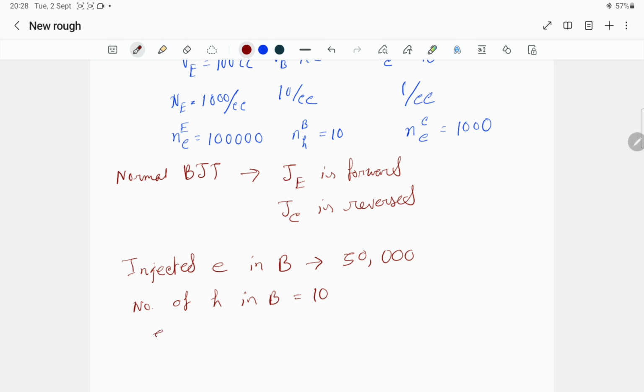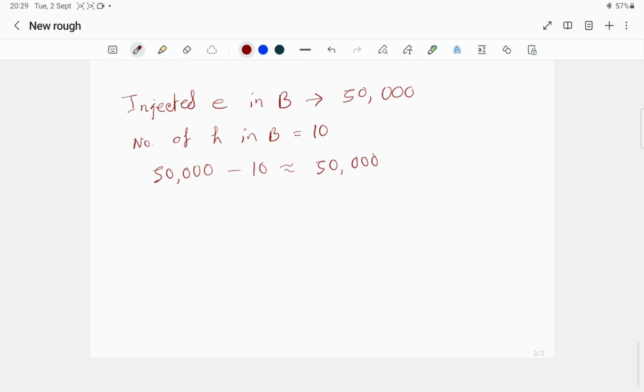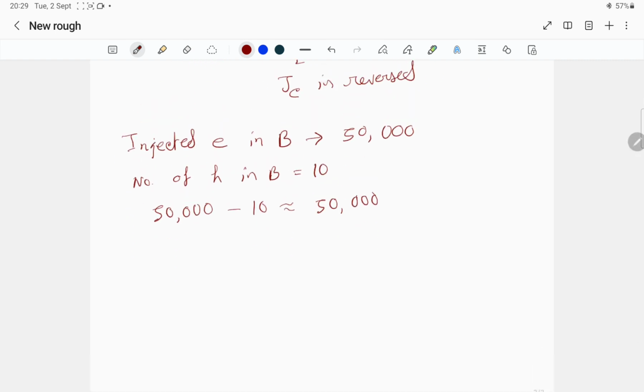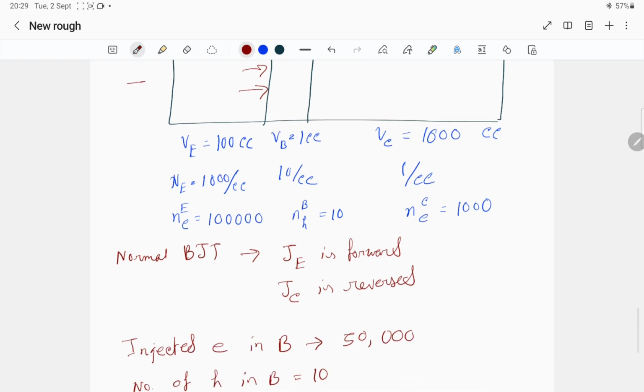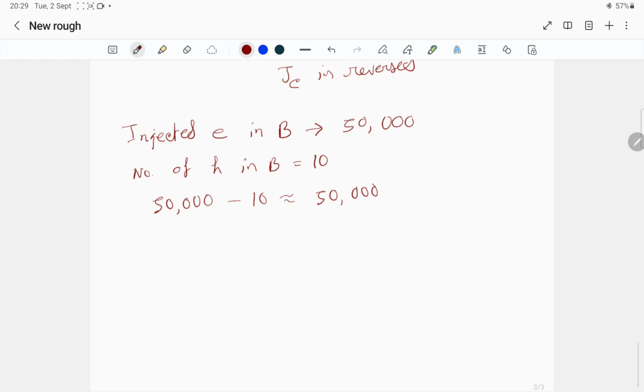It will be 50,000 minus 10, which we can just, for the sake of calculation, say 50,000 itself. So 50,000 electrons are right now in your base. Sorry, this should be P, right? This is hole, so this should be P.